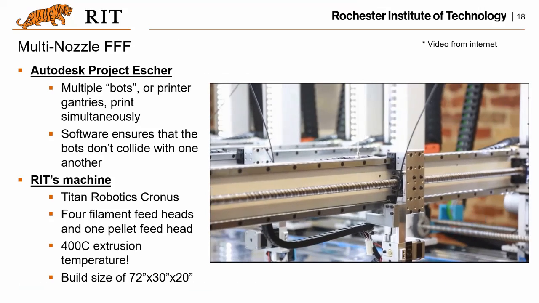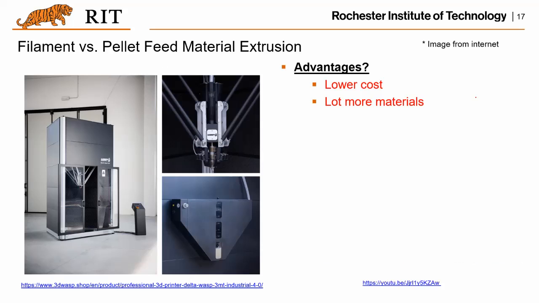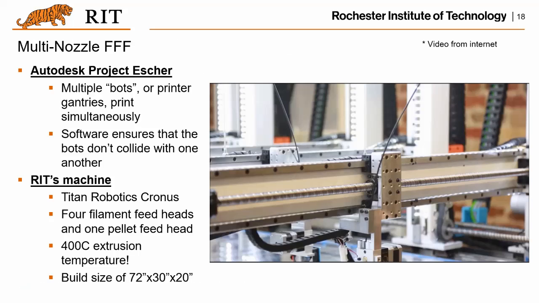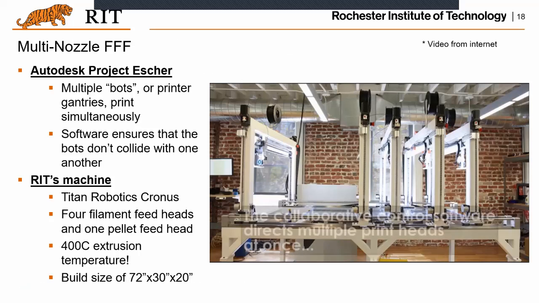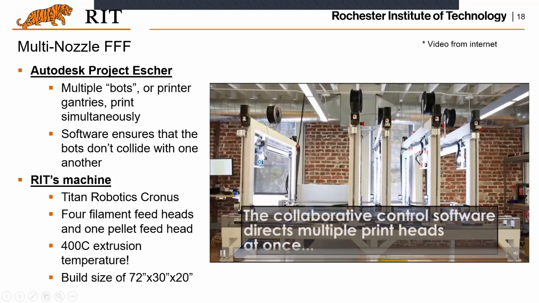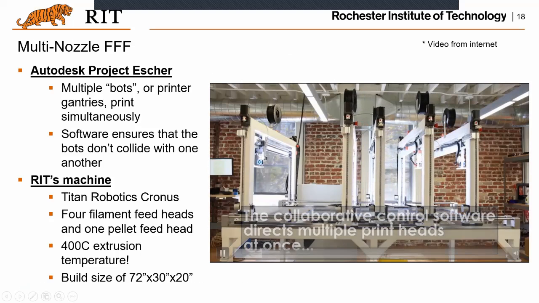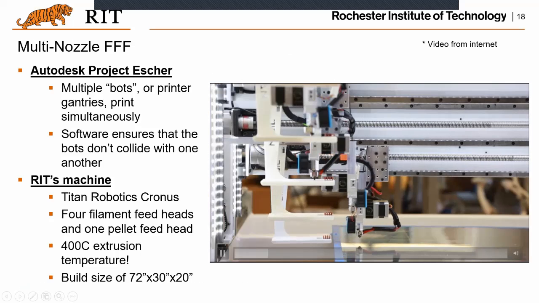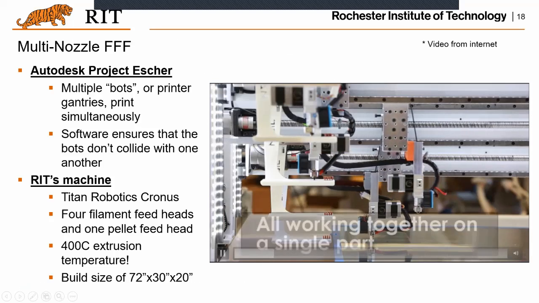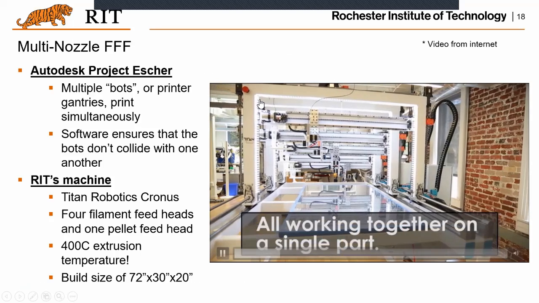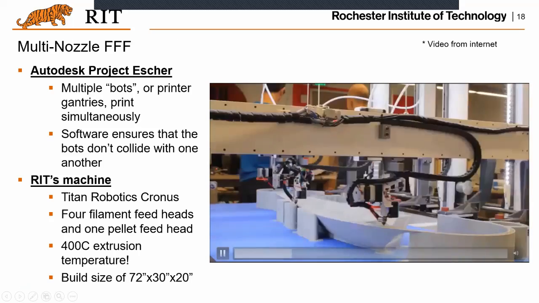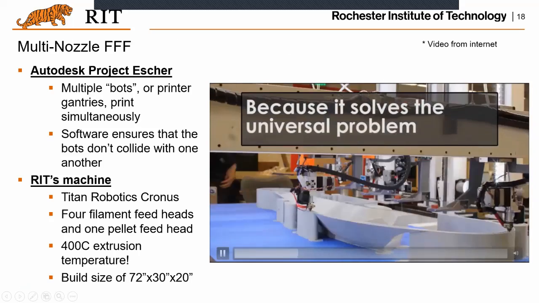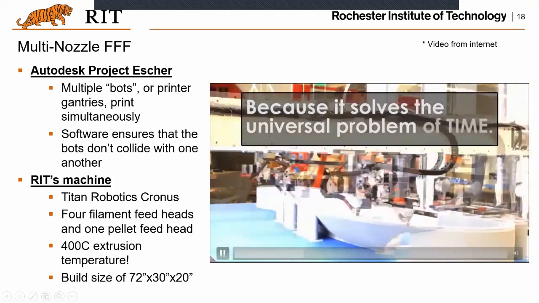So if we look at the larger size printing, there are more new advancements like the one showing here. Basically, there are multiple nozzles. As you can see here, each of these gantries has one printing head, and they will work together to print a single part.